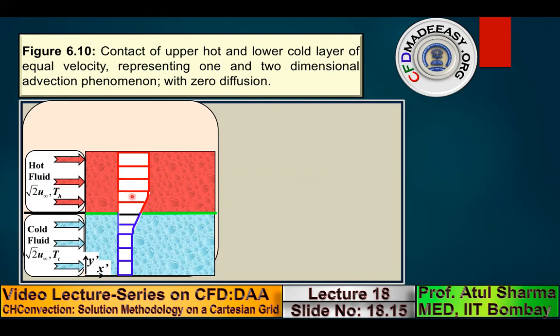Then the strength of advection is substantially larger compared to that of conduction, and you will encounter no gradient. Instead, you observe a sharp change in temperature from the cold fluid to the hot fluid.